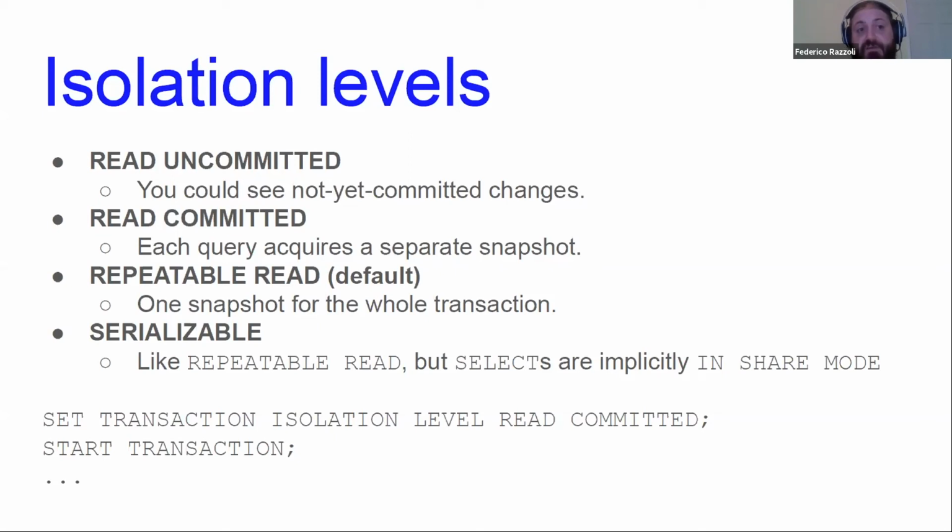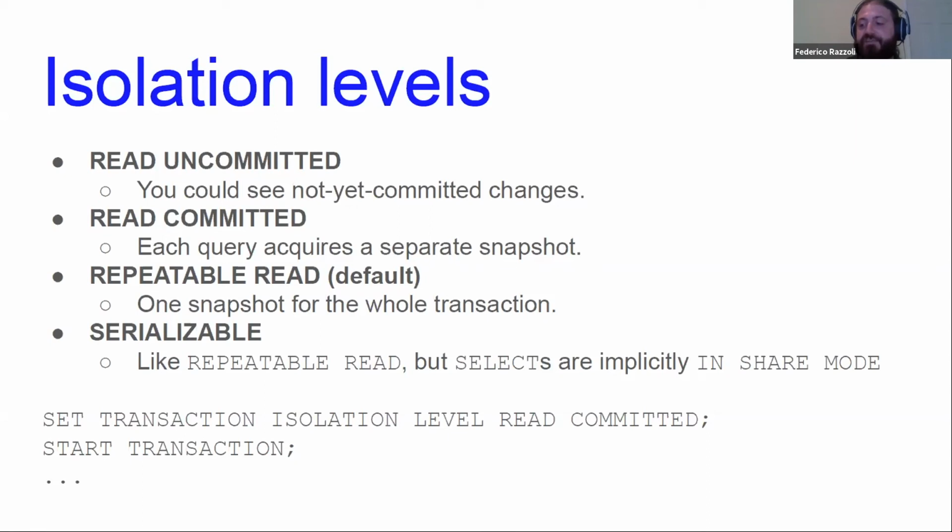The next isolation level is the default one in MySQL. I specify this because in some other databases it is not the default. And basically, you acquire one view on the data when you start the transaction.